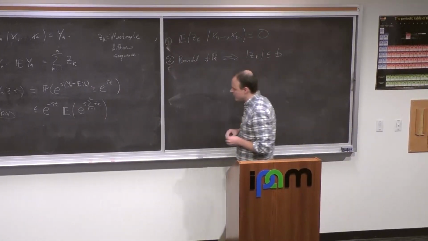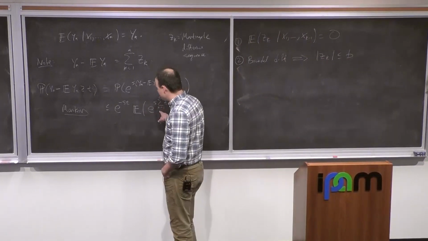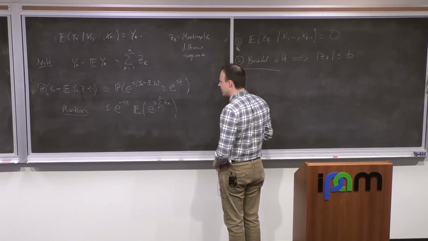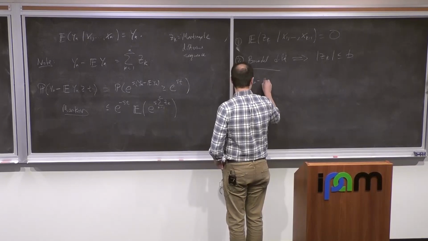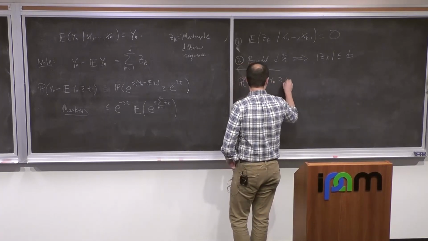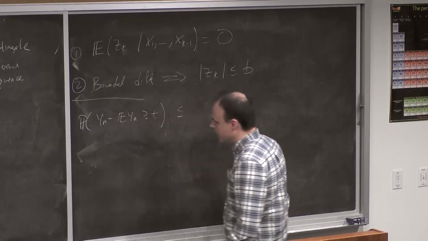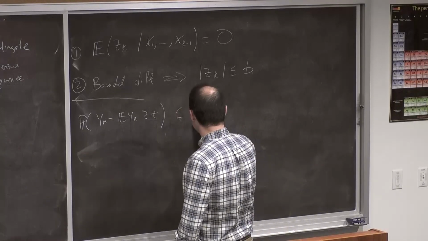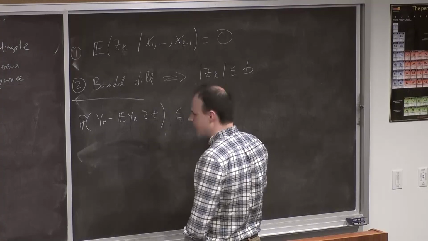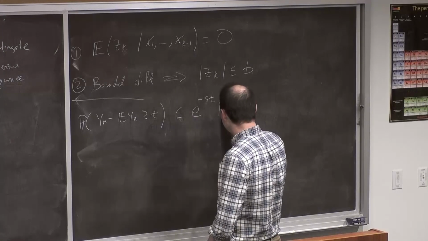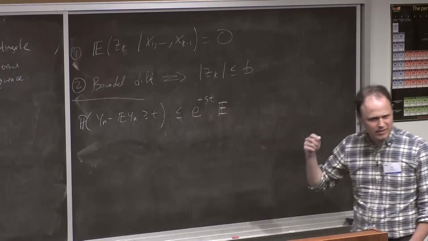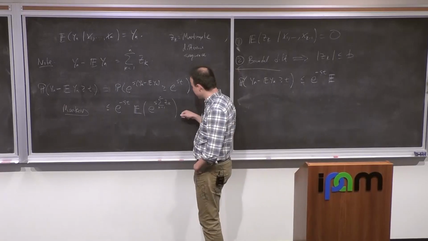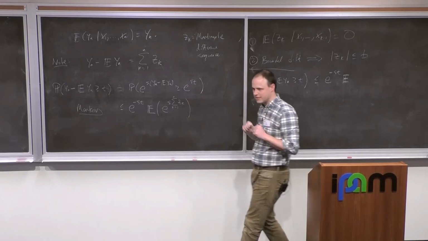So given these two things, now I'm going to do the Azuma trick. So yn minus expectation yn, the point is, this is less than what I have here, e to the minus st. Now I'm going to use the law of total expectation, or conditional expectation, which is that I can condition on whatever I like and take an outer expectation and I get the same thing.